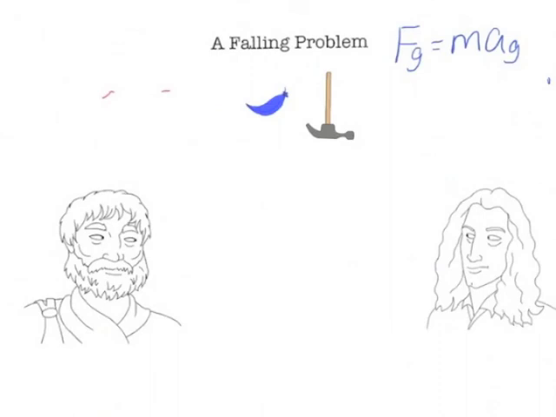Or if you're on some other planet, as long as you're on the same planet, that gravitational acceleration is going to be constant for that planet. So on Earth, that's going to be 9.81 meters per second squared. Which means, despite the different mass, it's going to have the same acceleration due to gravity. So Aristotle wouldn't be too right on this one. Newton, however, is going to be right. You should look a little happier than that. Yeah, there you go. Okay.